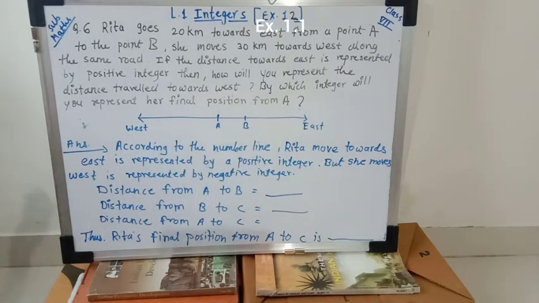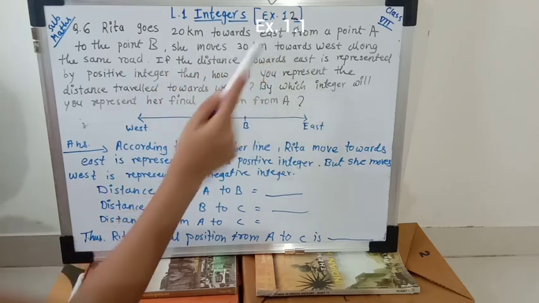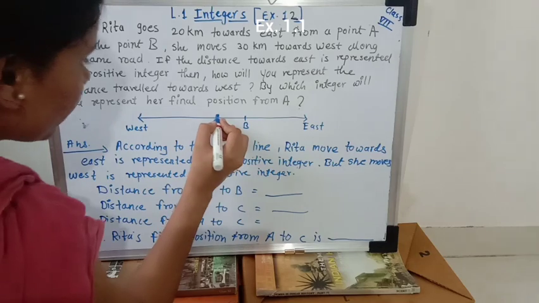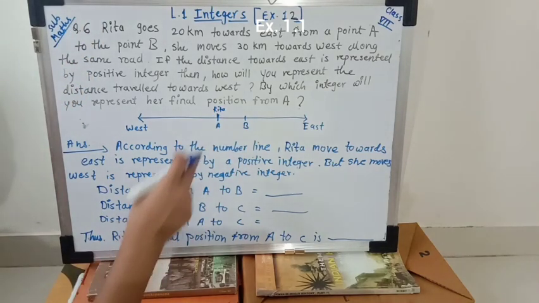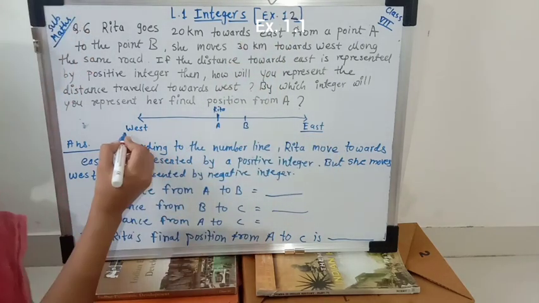Now here let's understand what they are saying with the help of this number line. They are saying that Rita goes 20 km towards east. So here is the point A where Rita is standing, and she moves towards the east. Here east is there, west is there.